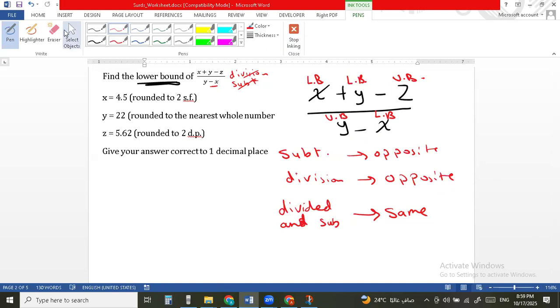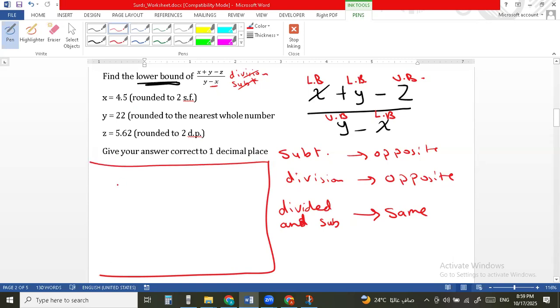Here, let's get back to answering the question. X, I want from the x the lower bound. The lower bound that is saying it's rounded to two significant figures. I'm going to write this now. Look at this. X, I'm going to get the lower bound and the upper bound.